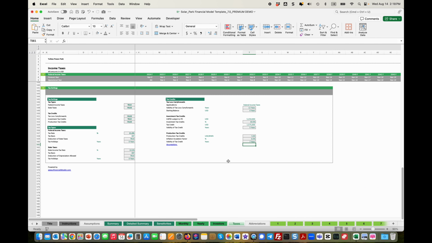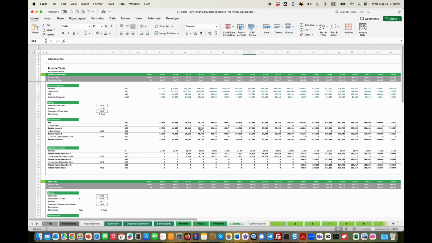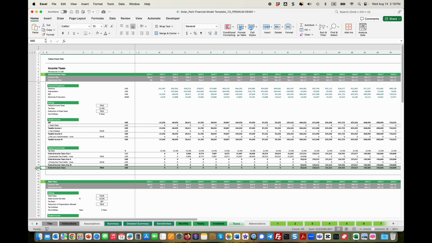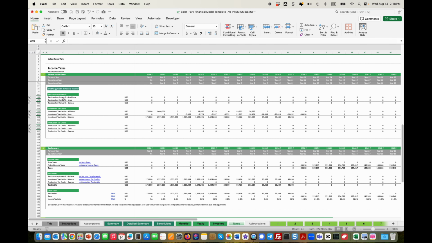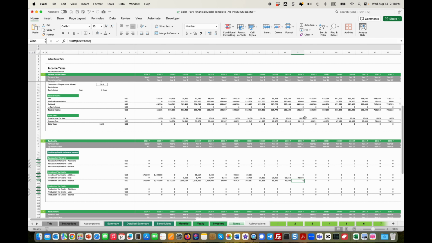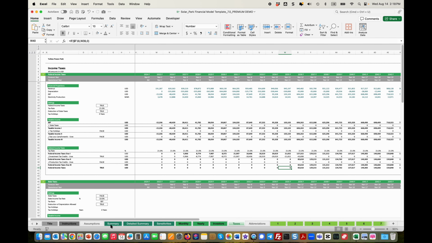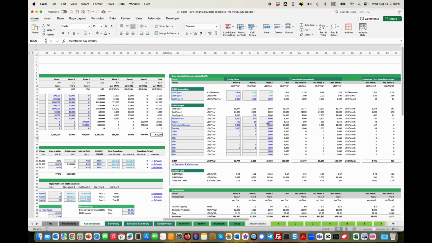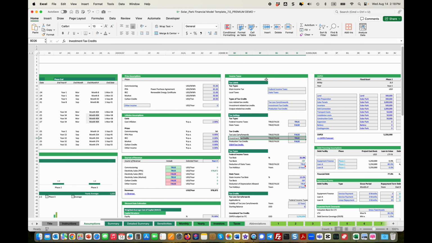And there is a whole tax model included, which does all the calculations for you and keeps track of how many tax credits are built up, are being used, by when, what's the balance, and when you will start paying taxes. And this is all driven by the tax assumptions here.